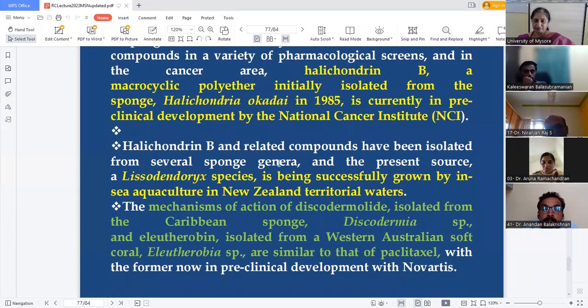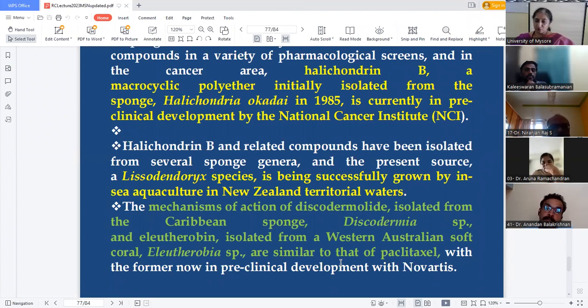So halichondrin B has also been isolated from some other marine sponge and is also grown in New Zealand territorial waters. So like that, we have the discodermolide produced by Discodermia species, and eleutherobin isolated from Erythropodium, whose action is similar to that of paclitaxel.